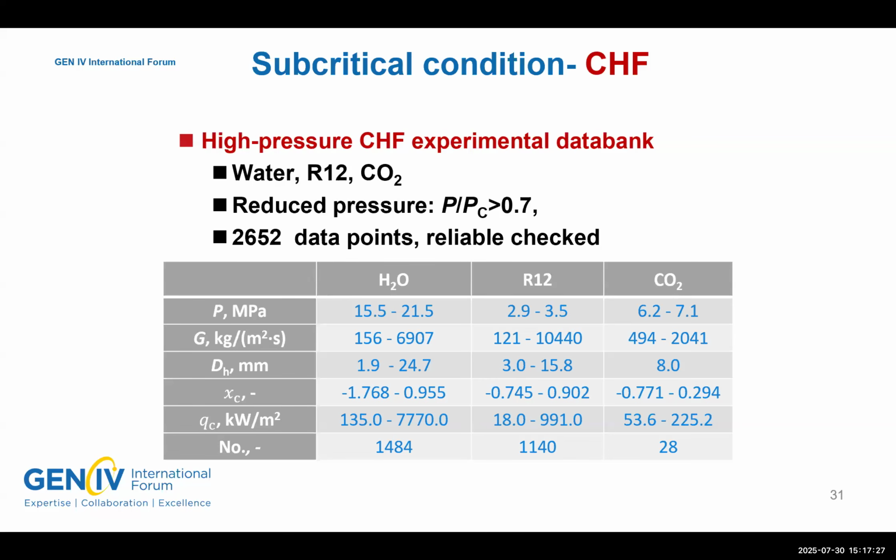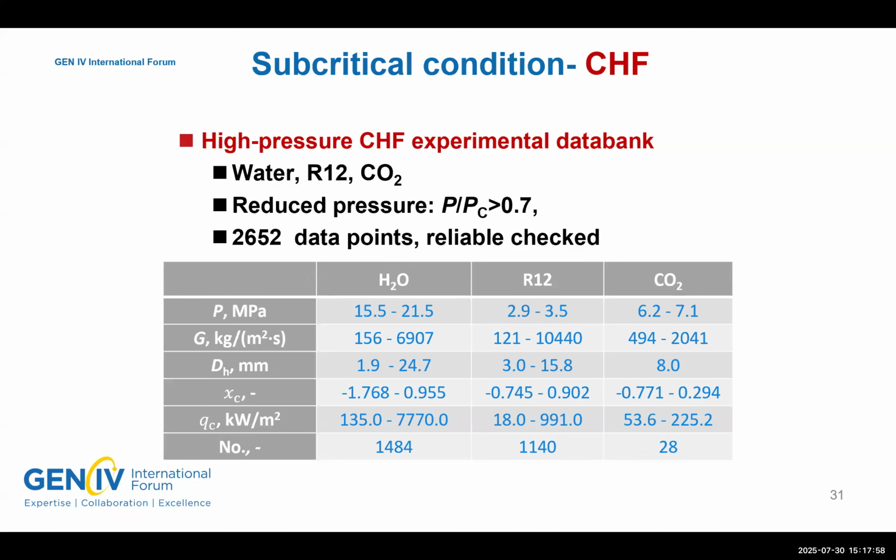And for the experiments with water as coolant, the data set contains 1,484 data points in total, and also a lot of the parameter ranges for the water. And the high pressure Freon data bank is made up of around 1,000 data points with a reduced pressure up to 0.85.